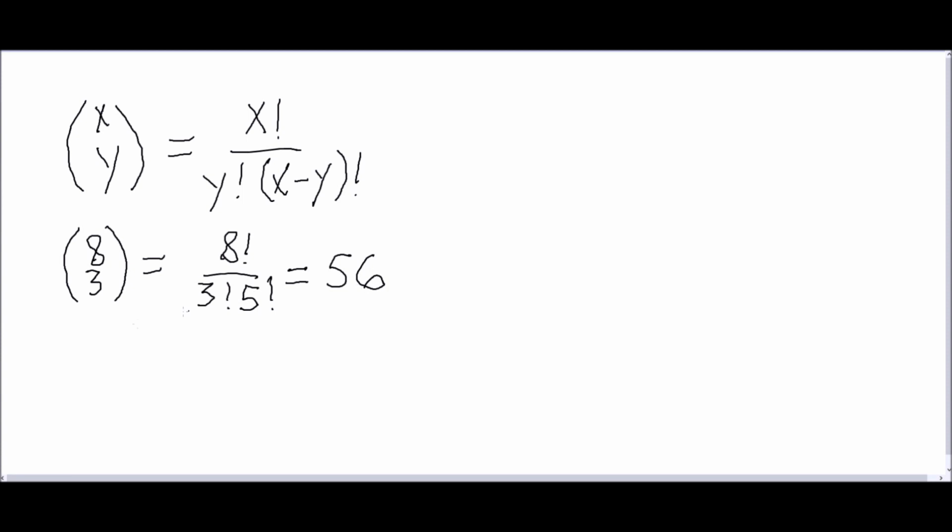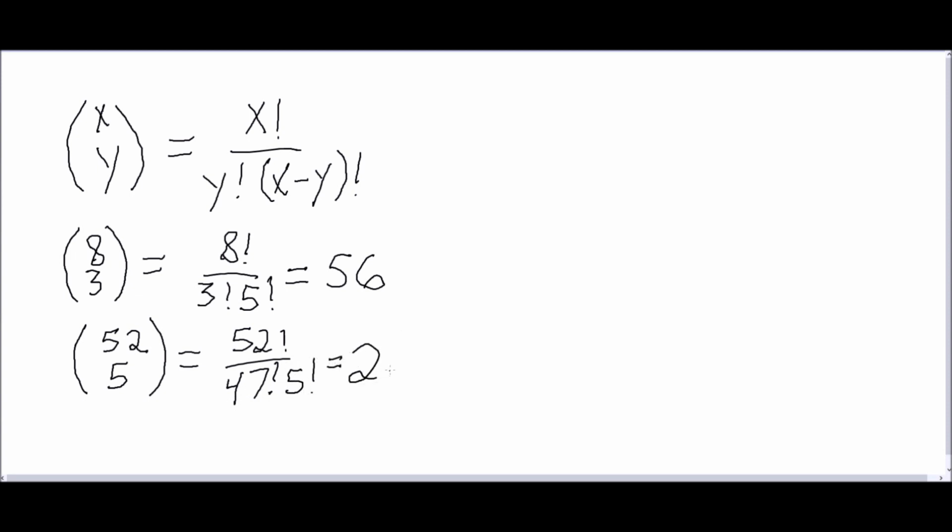Now, another way this comes in handy is: what is the number of possible ways you could pick 5 playing cards out of 52? Well, that answer is 52 factorial divided by 47 factorial divided by 5 factorial, which equals 2,598,960.